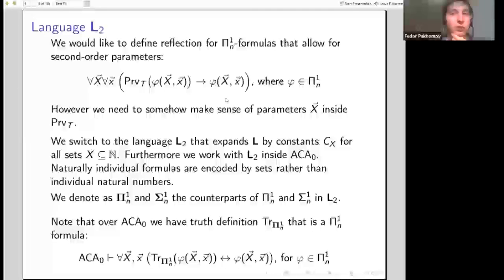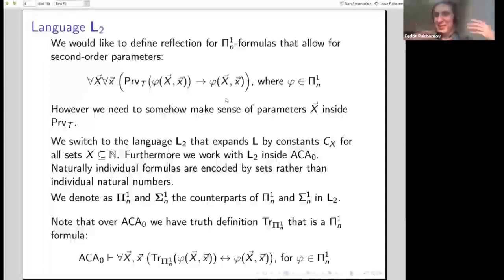So it's essential for us to also consider parameters in the second order setting, and it's a bit more complicated. In the first order setting it was possible to substitute parameters just by putting numerals in the formula.